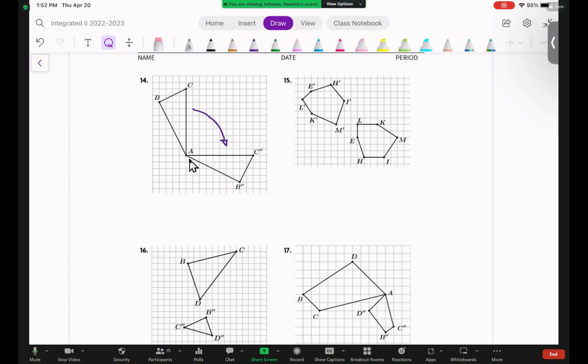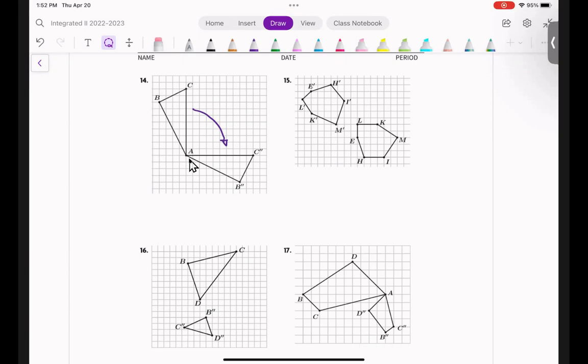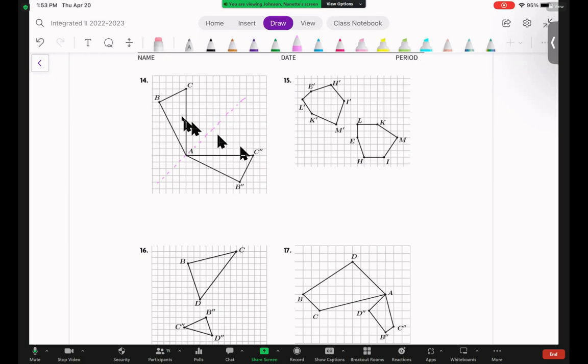The way that most students are going to see this is that they're going to reflect this across this line. Can you imagine I fold this line like this and C matches up with C double prime and B matches up with B double prime? Does that look like a good fold? That actually looks like a pretty good fold. So when I reflect it across this line, I'm done.